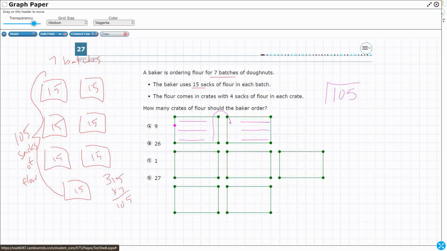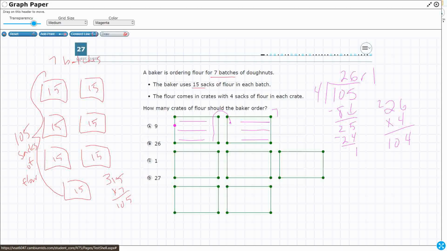I've got 1, 2, 3, 4, 5, 6, 7 so far. All right. And so it's going to end up being a total of, let's see, that's 2, that's 8. Oh, so close. 25, 26 means I've got 1 left over. Okay. If I get 26 crates, 4 each, that's going to get me 104. Right?